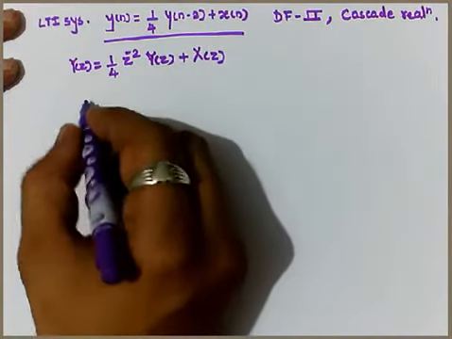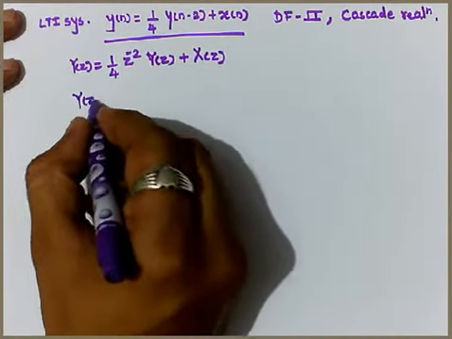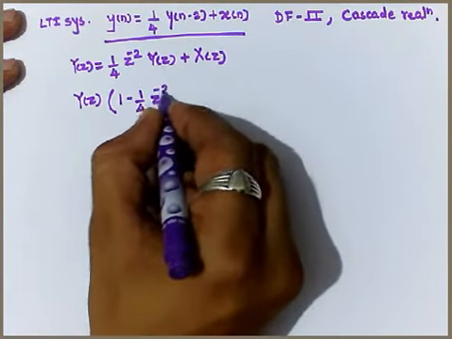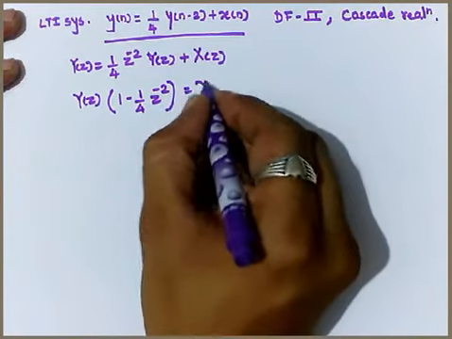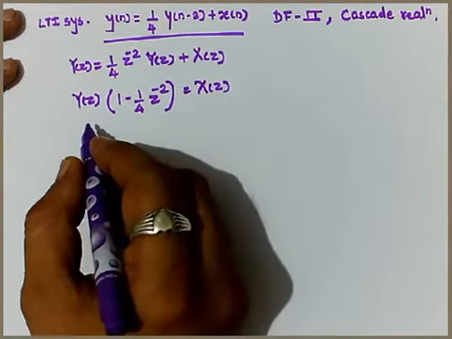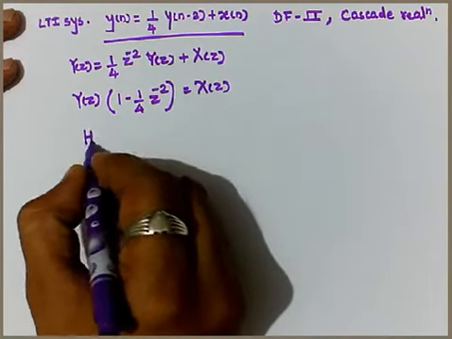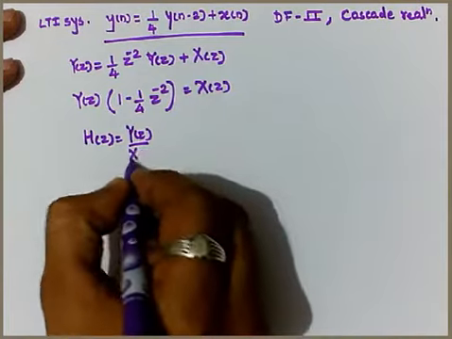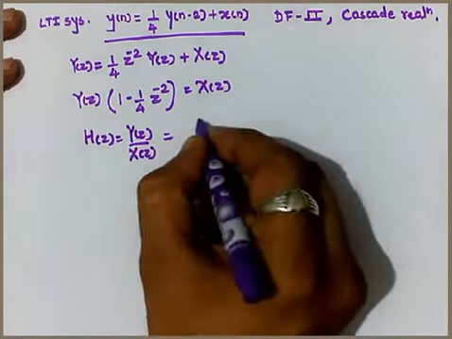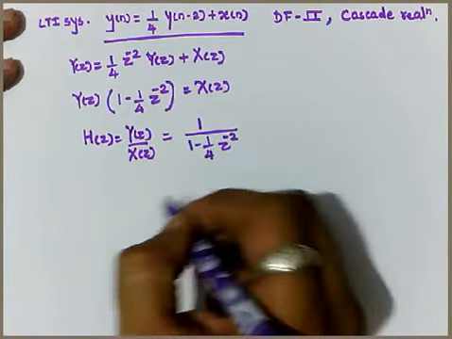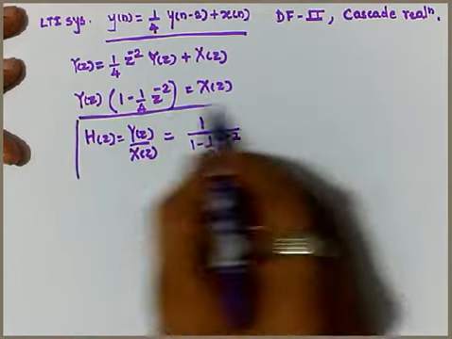So separate out the term: y of z into 1 minus 1 by 4 z raised to minus 2 is equal to x of z. So it can be written as h of z, that is y of z by x of z, which is equal to 1 upon 1 minus 1 by 4 z raised to minus 2. So this is how the h of z is obtained.